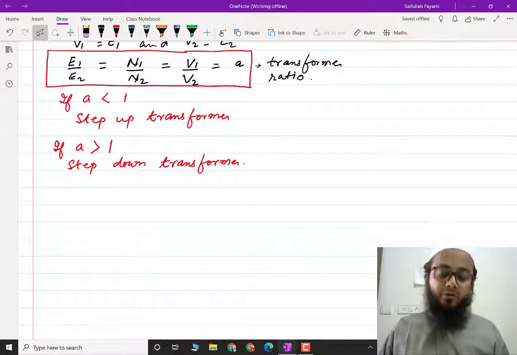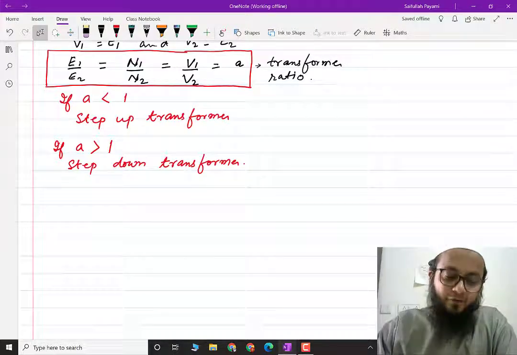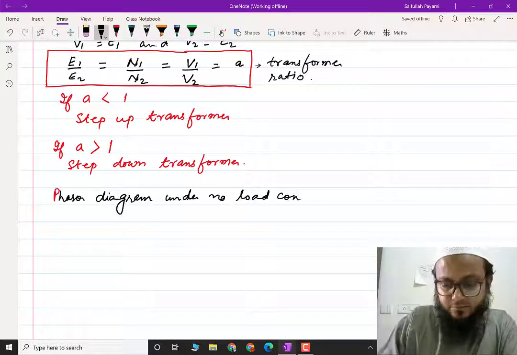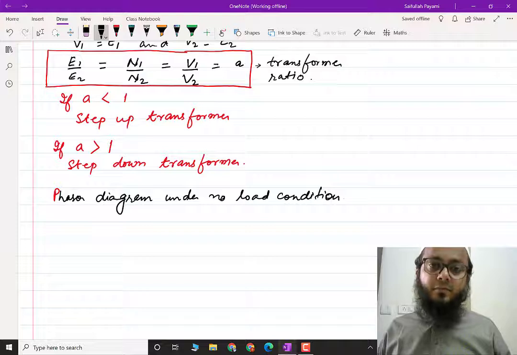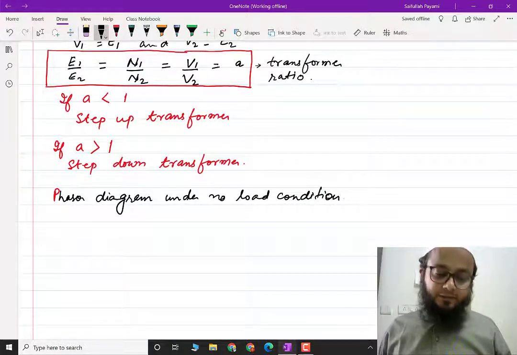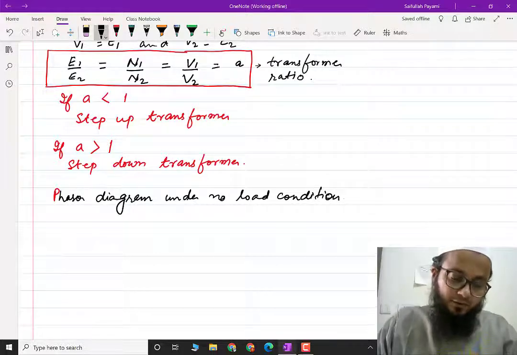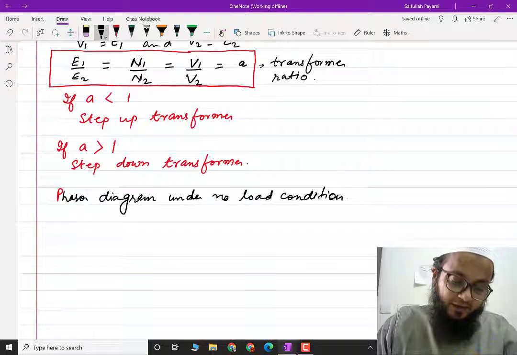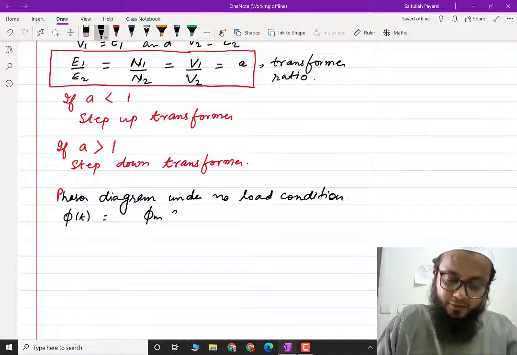Now, can we draw the phasor diagram for the flux and the induced EMF? The phasor diagram under no load condition. We have seen that the flux phi(t) is phi m sine omega t.